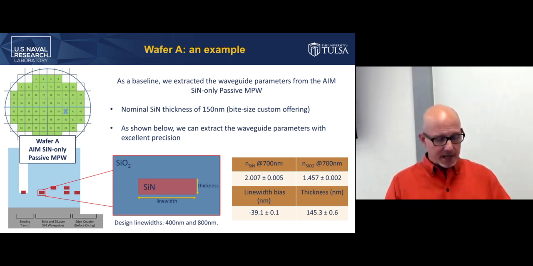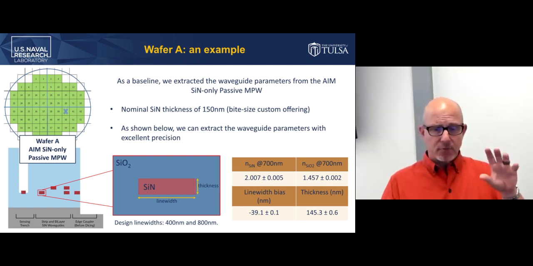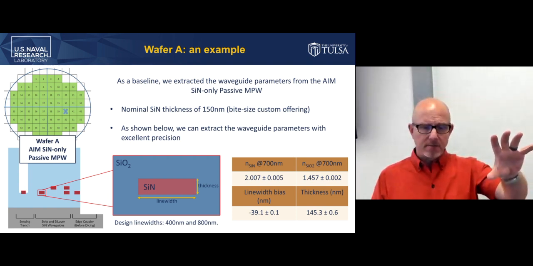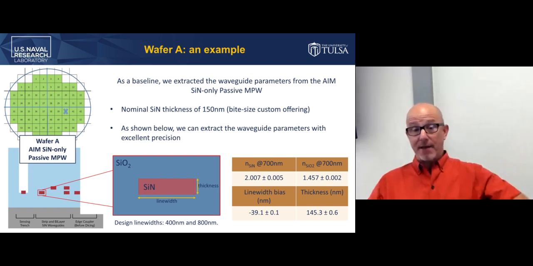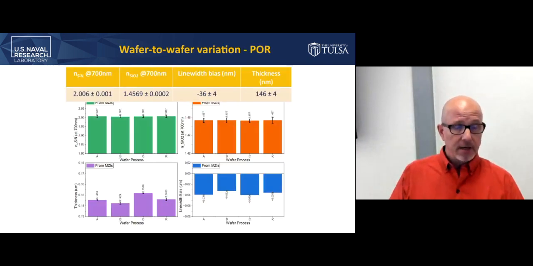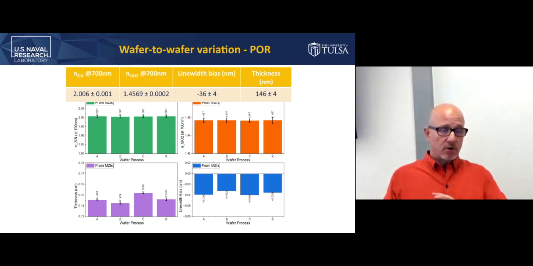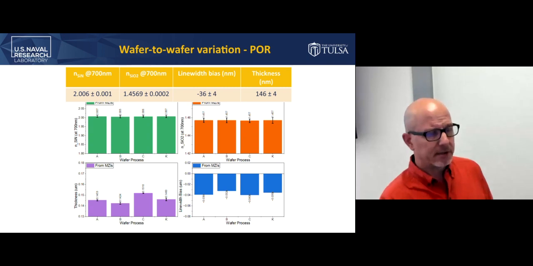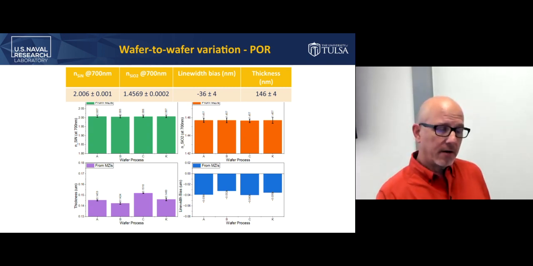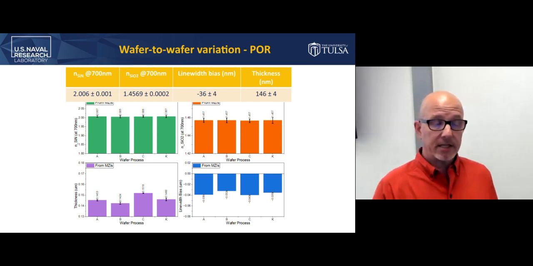To show you the value of this, what we wanted to do was show going from process to process. We might make this POR, process of record, in May, and then another one in June, and another one in July. How do they differ from each other? This is 4 different wafer-to-wafer variations for the process of record, and what we see is fantastic agreement for the indices of refraction for both silicon nitride and silicon dioxide, and then we see some variation in the thickness and the line width bias from run to run.